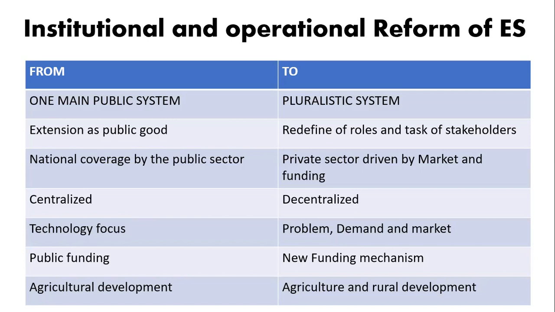Currently the funding mechanism is that the central government flushes money to the government bodies, and they use that public money for the extension system. But if it is decentralized, market driven and private sector driven, then the government can reduce the amount of money it is flushing to the public sector, and it will reduce some burning issues in public funding.